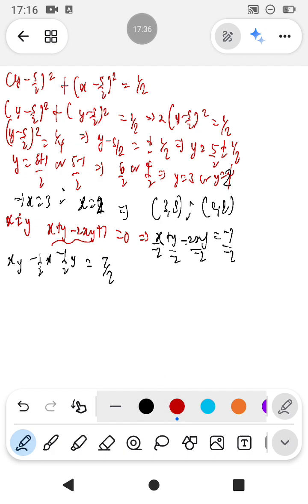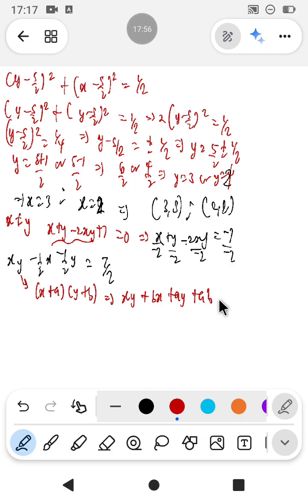Yeah, this is pretty cool. So then how can we write this? It will be in this form: (x plus a) multiplied by (y plus b). If we expand this, it will give us xy plus bx plus ay plus ab.